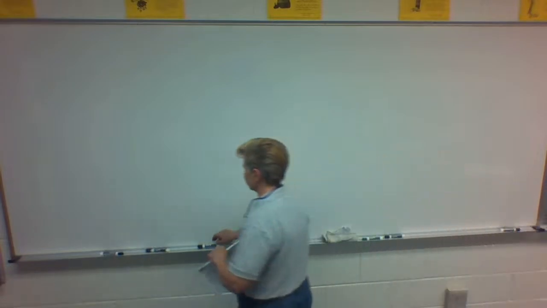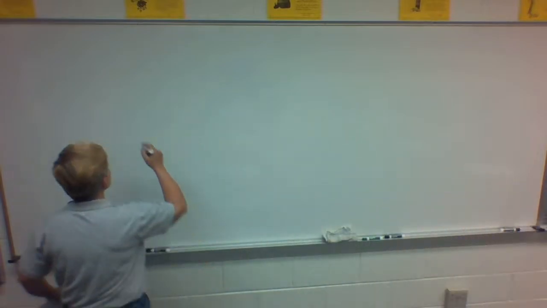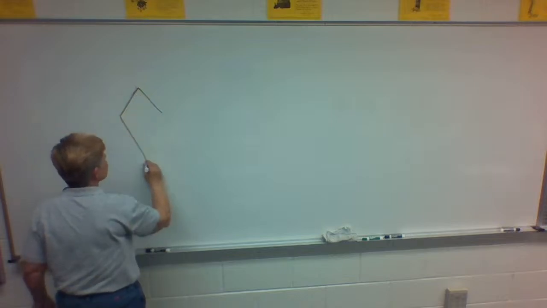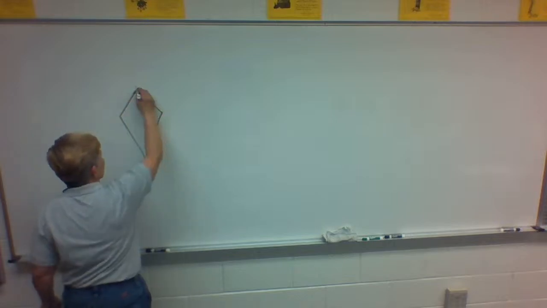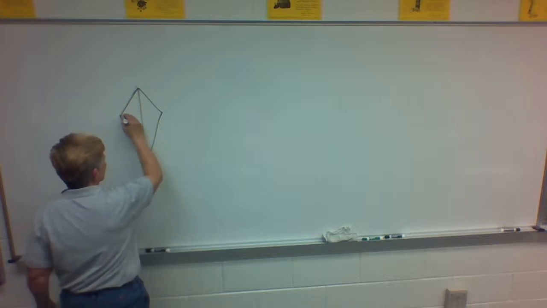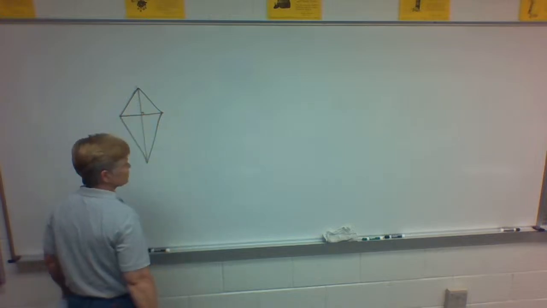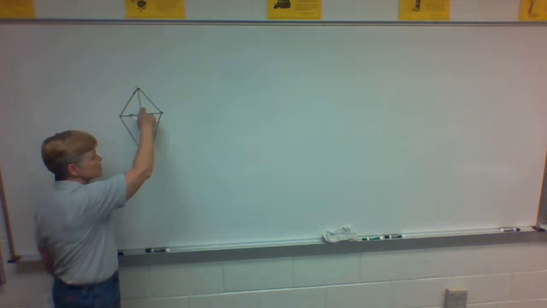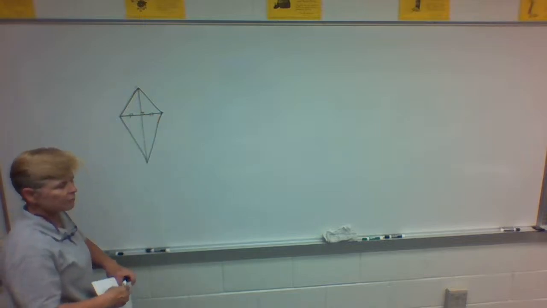One thing that you have to remember about a kite, though, and this is all I'm going to say about it: when you draw the kite, one of the sticks in the kite will be bisected while the other one will not. The one that goes like this is not cut in half, but the one that goes like this is, and it's perpendicular. This is equal to this. But this is not equal to this, obviously, or you'd have a parallelogram instead.